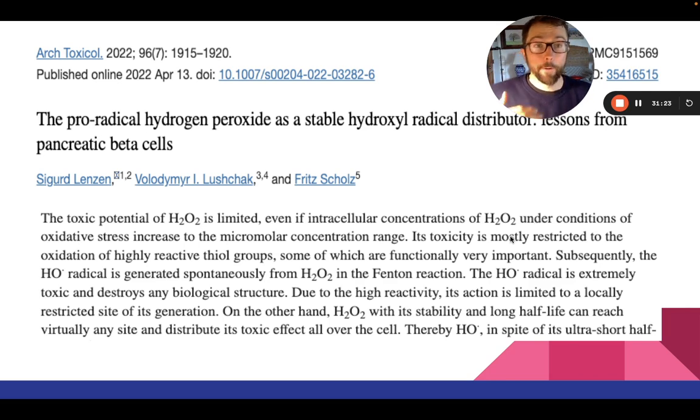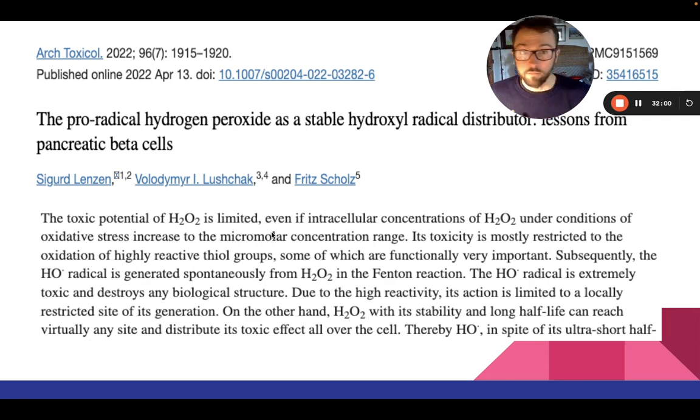And that's where this author, Sigurd Lenzen, and his colleagues are talking about how hydrogen peroxide, which again is a typical byproduct in the cell at correct levels, can also work against us. Its stability can work against us in a cell that has too much iron. So this is all from the abstract, but let's read through it. The toxic potential of hydrogen peroxide is limited, even if intracellular concentrations of peroxide increase.